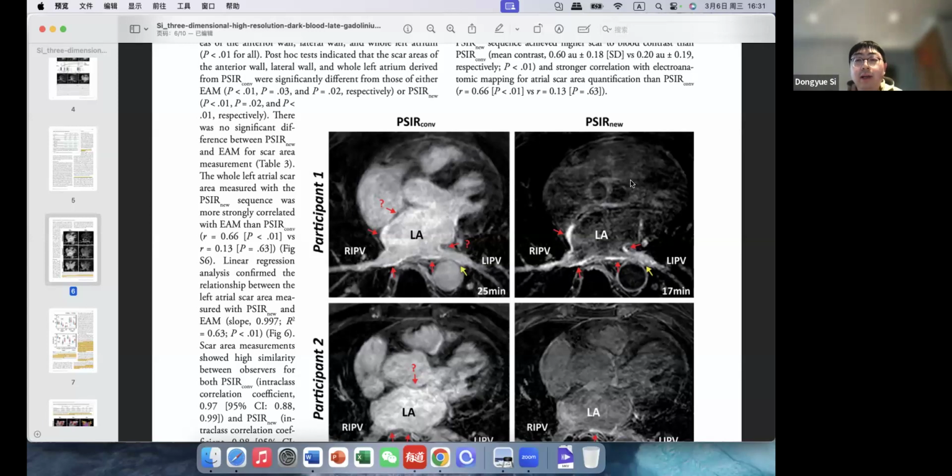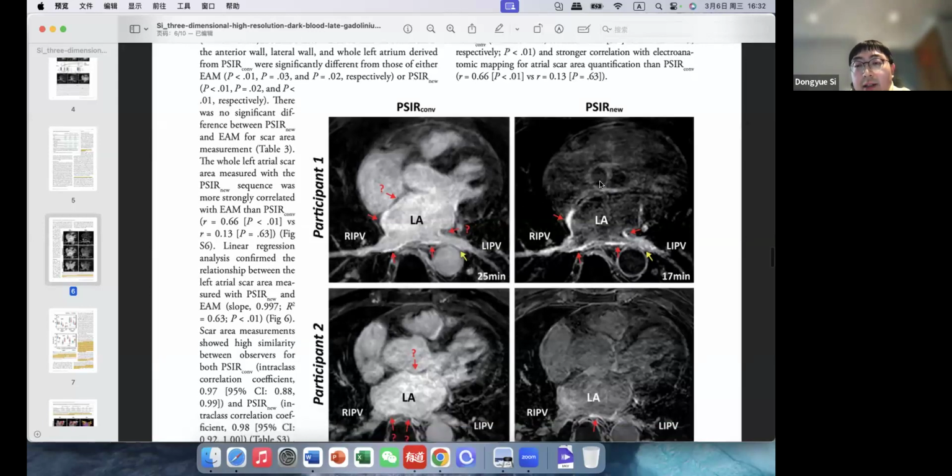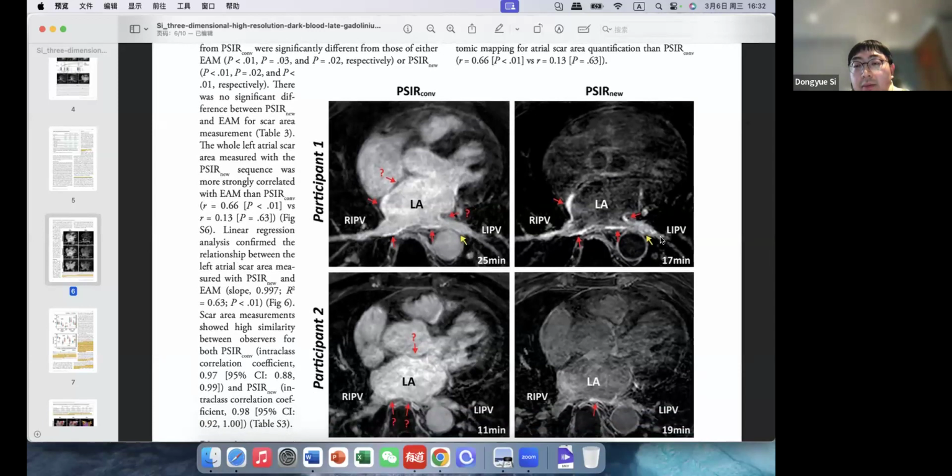So I think first we can use an advanced image reconstruction method to reduce the influence of the low SNR. And second, the inflow artifact may be addressed by using different motion compensation strategies, because most of the artifact was induced from the navigator excitation.